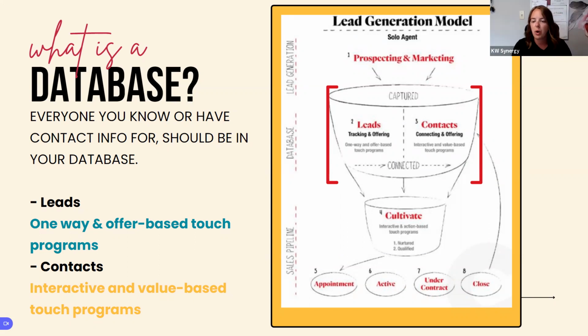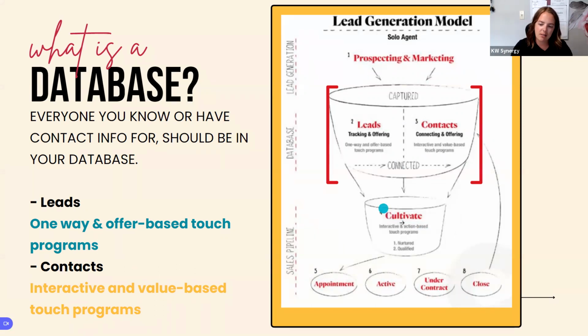So once you have your lead, you've converted them to a contact, so you have connected with them. You are now in the cultivate stage, which is the interactive and action-based touch program. You're getting that much closer to getting them. They're now in the sales pipeline type thing.